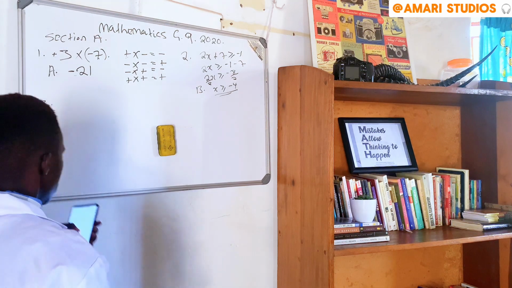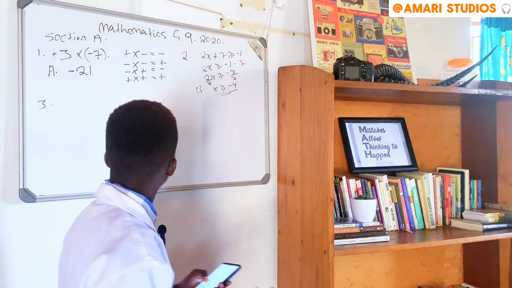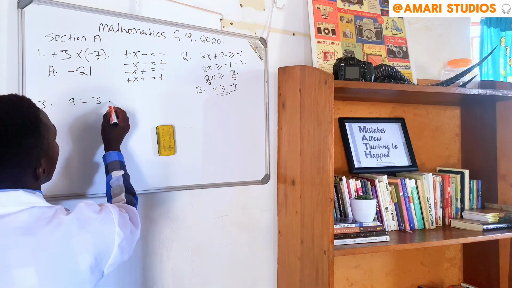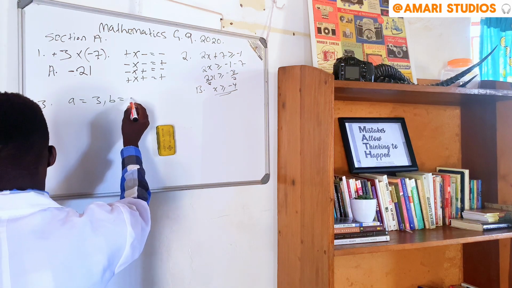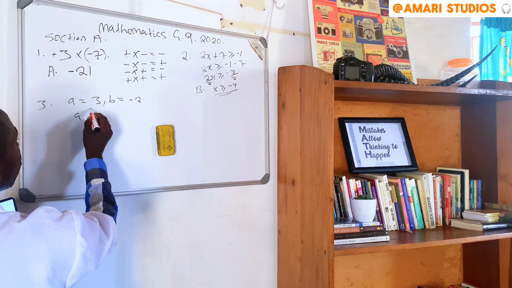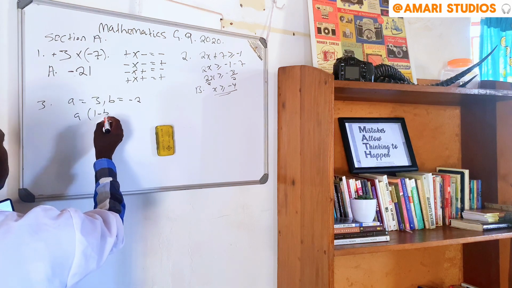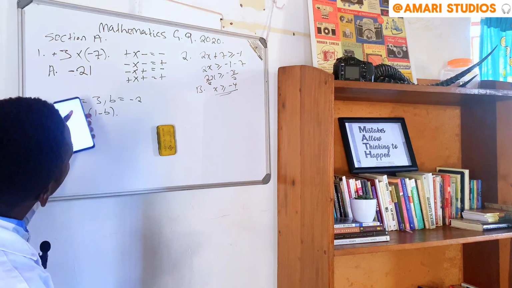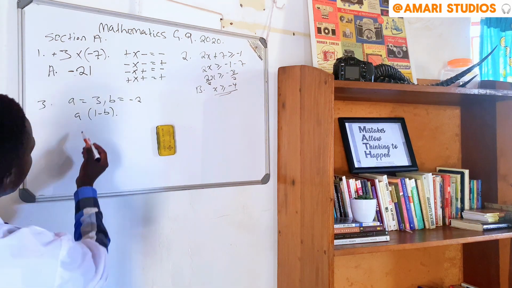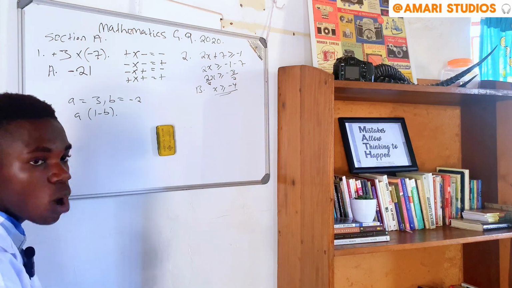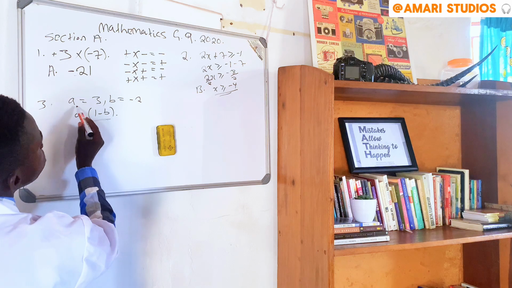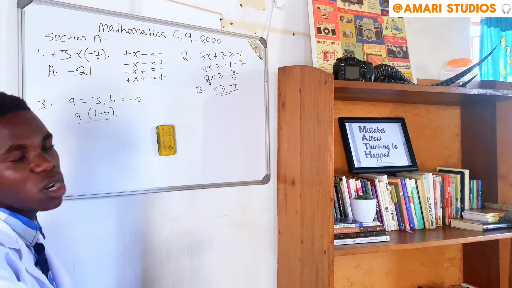Question 3 is saying, take note of this, given that A is equal to 3 and B is equal to -2, find the value of A, open brackets, 1 minus B. In this expression, we are going to replace with the numbers that we have been given.